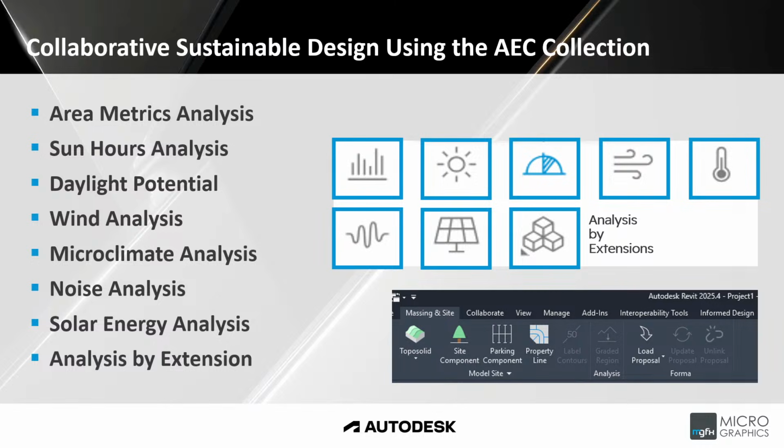Within Revit, in your Massing and Site tab, you can load your proposal into Revit, and you can have a link between Revit and Forma to rerun your analyses after you've made some design changes. By utilizing these analyses, Forma users can gain valuable insights into various aspects of their designs, facilitating better decision-making and design optimization, resulting in a more sustainable outcome.